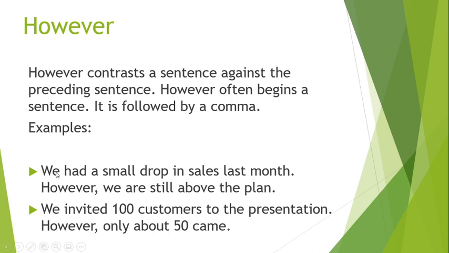So to show that you have a contrast, you have this sentence, and to show the contrast you have this other completely different sentence. We invited 500 customers to the presentation, however only about 15 came.